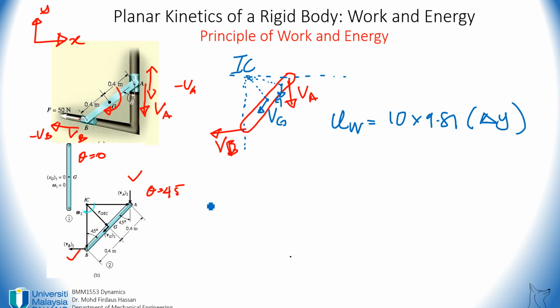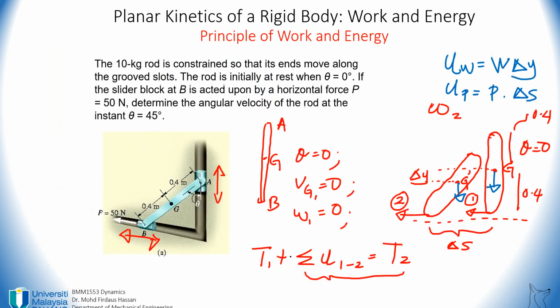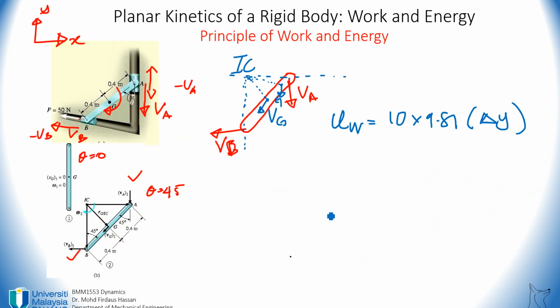Okay, delta y. Initially, if I draw it here, initially it's like this, 0.4.